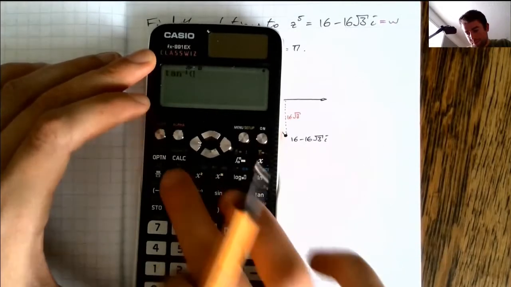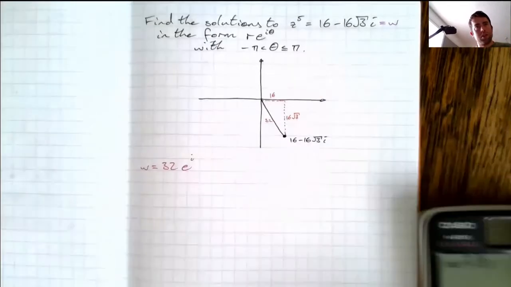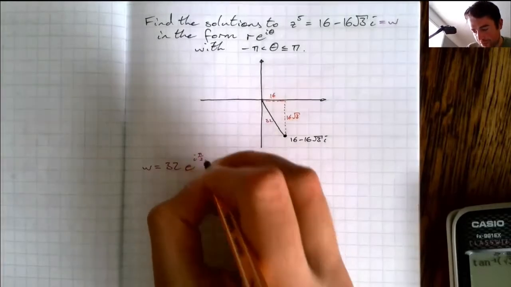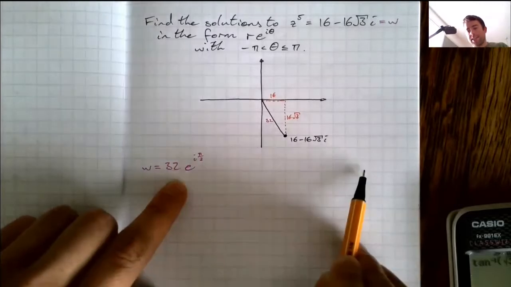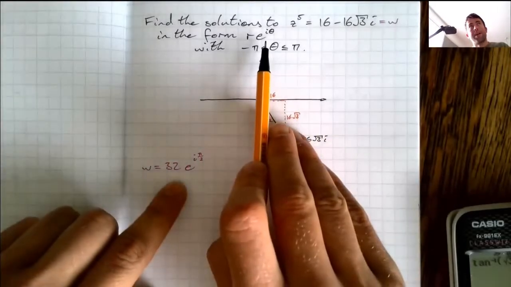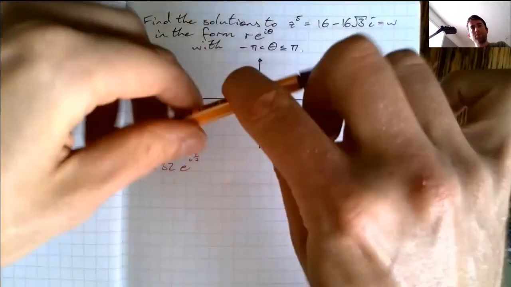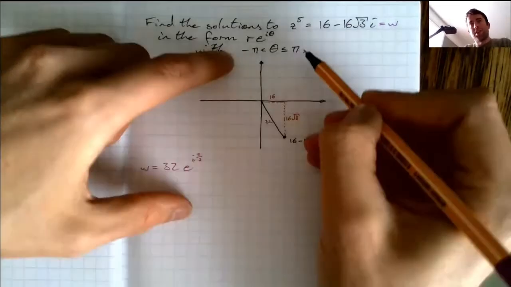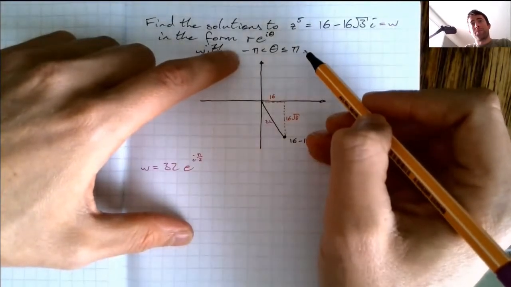Pi by 3. Lovely, a very nice one. Now I'm going to write this in different ways by adding or subtracting 2 pi on each time. Whether I add or subtract 2 pi depends on the range for the solution that is given to me.